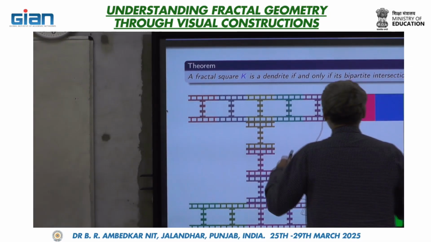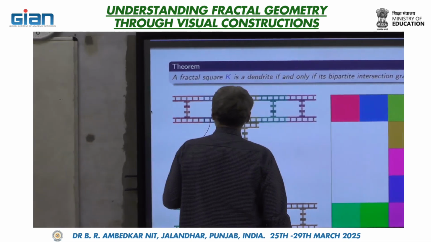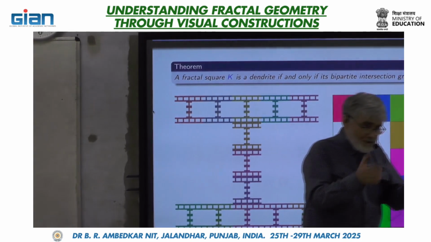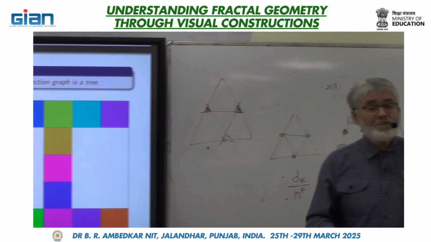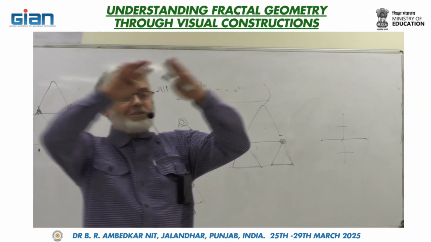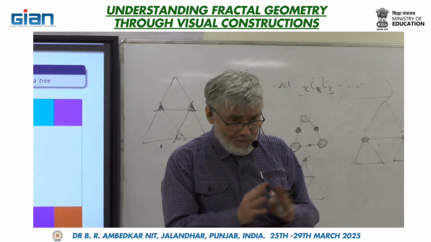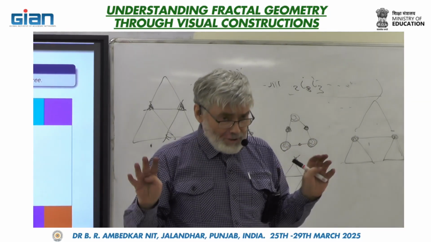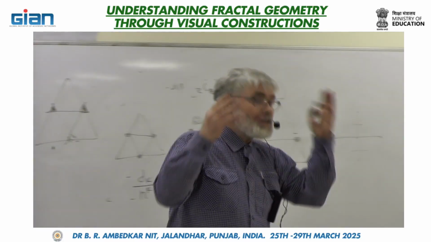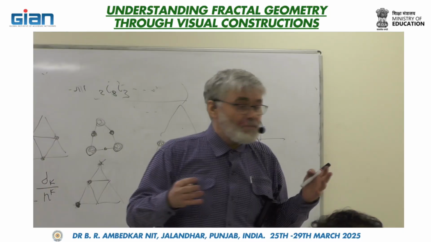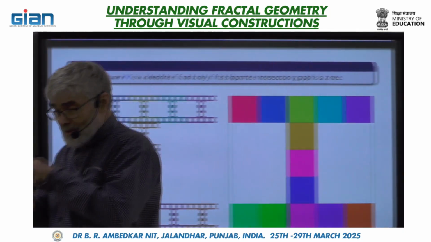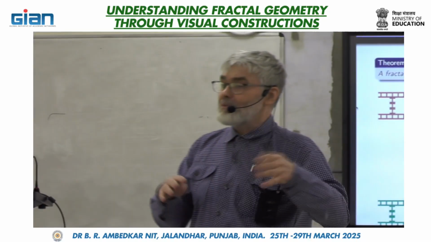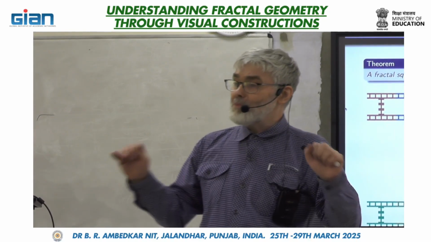Therefore, we have a very interesting theorem. If a fractal square is simply connected, then either it is a completely filled square, or it is a dendrite. There is nothing between these two possibilities.